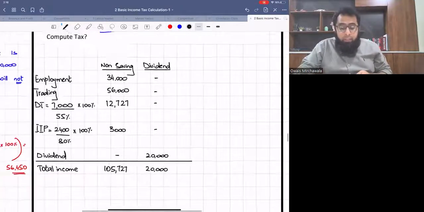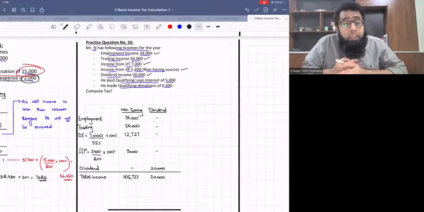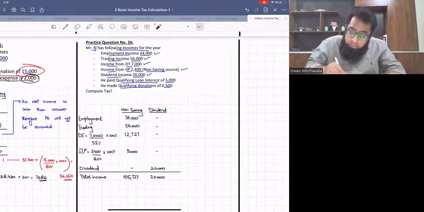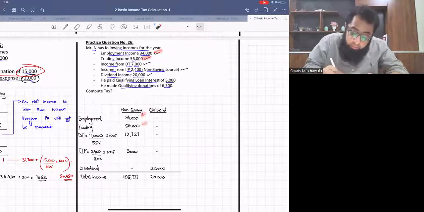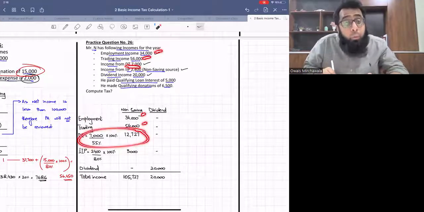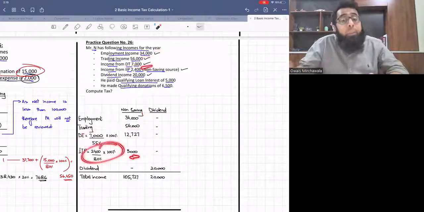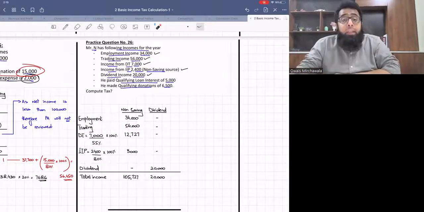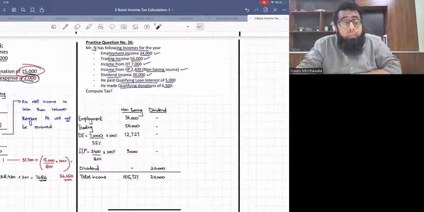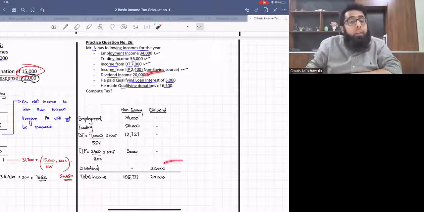I will repeat it again so that if someone has any confusion, this gets cleared. He has the following incomes. First of all, we classified the incomes in the relevant head. Employment income goes in non-saving, trading goes in non-saving, discretionary trust 45% withhold, so we grossed it up. Then there was IIP, we grossed it up by 20% withhold. If it is from non-saving or saving sources, it is classified in the head of non-saving and withhold is 20%. Then there was dividend income.